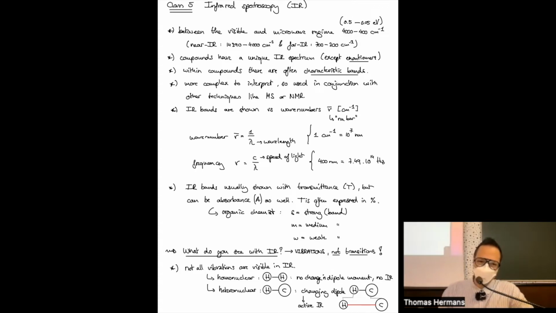The downside of infrared is that it's very complex to interpret. So you have to use it together with other techniques. If I just give you an infrared spectrum, it's not like NMR.